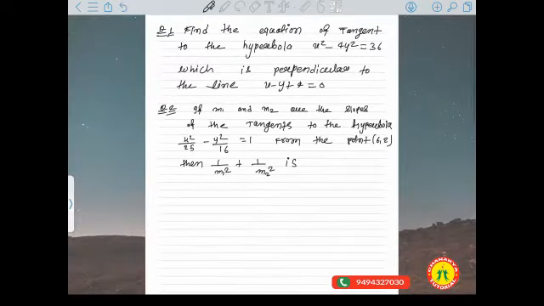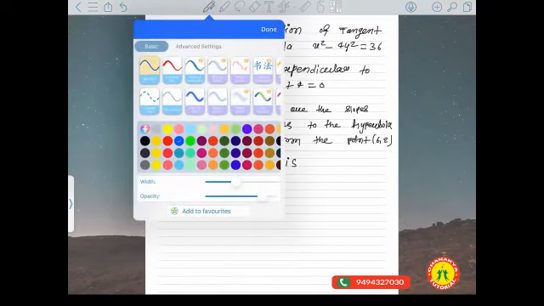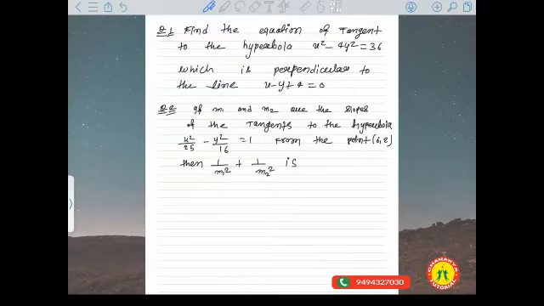Whenever there is a question where the line is perpendicular to or parallel to, we need to apply the equation of tangent in slope form. In question 1, the given line is x minus y plus 4 equal to 0, and the tangent's slope is perpendicular to it. Its slope, y is equal to x plus 4, so m1 is equal to 1.